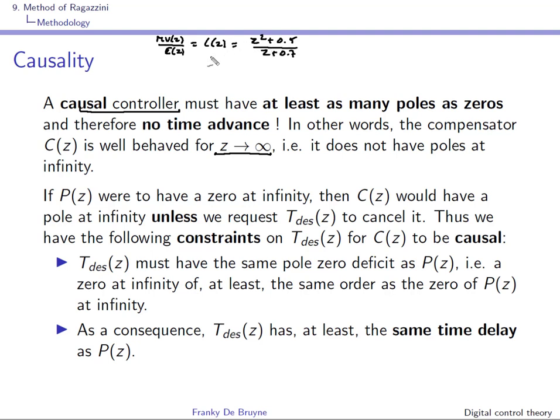We'll show now that indeed this controller is non-causal. You can rewrite this by dividing numerator and denominator by z as z plus 0.5 z to the minus 1 over 1 plus 0.7 z to the minus 1. So what we'll have is 1 plus 0.7 z to the minus 1 times MV of z is z plus 0.5 z to the minus 1 times E of z. Then we take the inverse z transform.